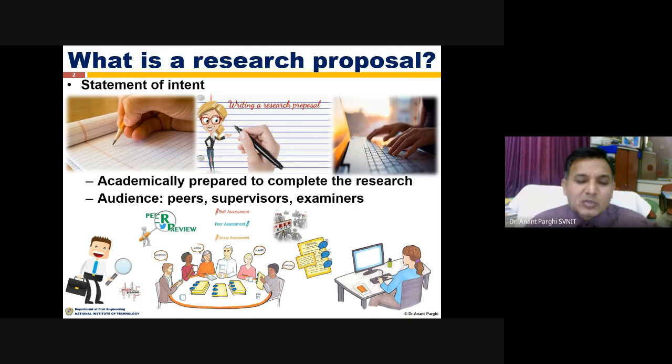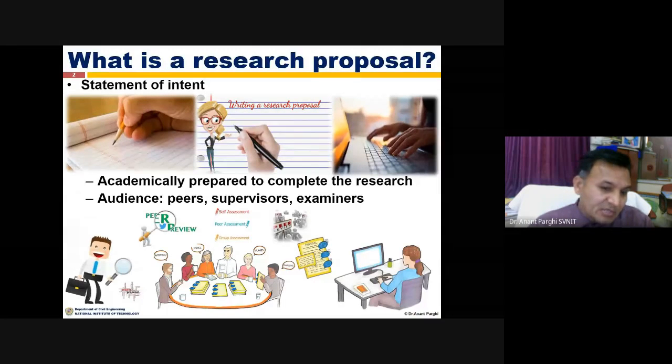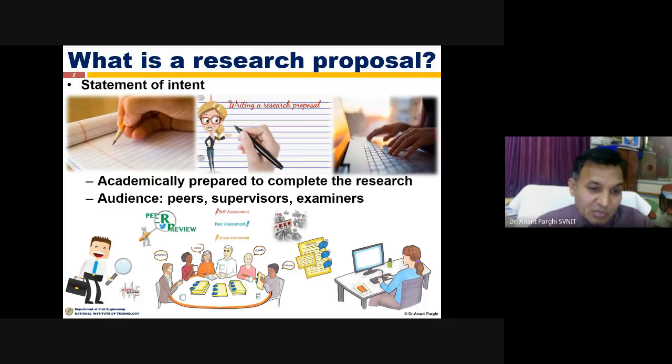There should be criteria for how to evaluate the proposal. So what is the standard criteria, and who is going to evaluate our research proposal? For example, if we are doing a PhD or master's, there may be the supervisor, examiner, and some peers also. They are going to evaluate your research proposal. So those things we need to keep in mind.